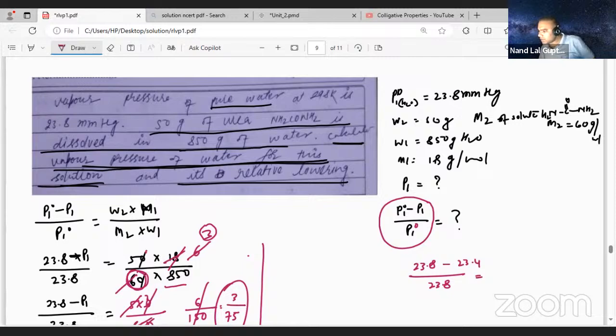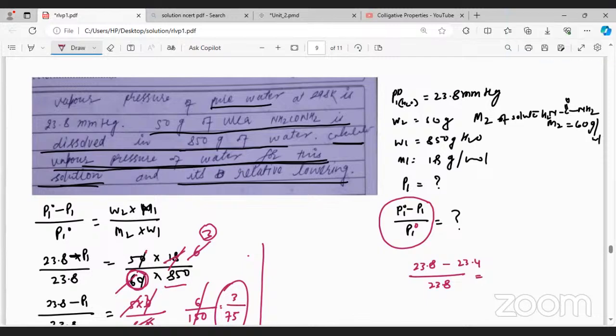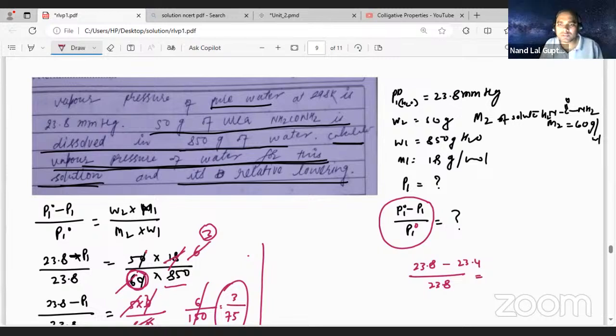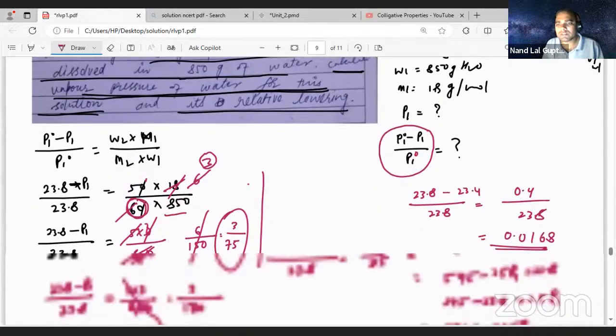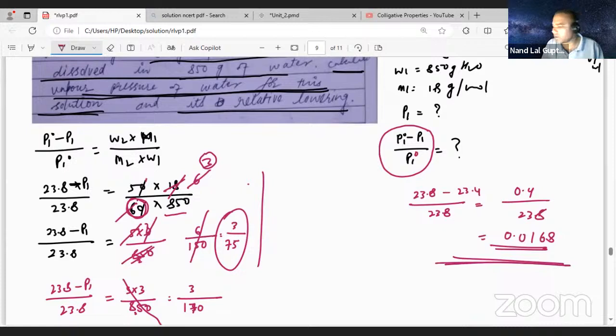Relative lowering of vapor pressure is also asked. So doing it this way, 0.4 is coming, 0.4 divided by 23.8 comes to 0.016. This is the relative lowering, this much vapor pressure is getting decreased. This answer they did not give in the answer sheet, only half they have given. So leave it.